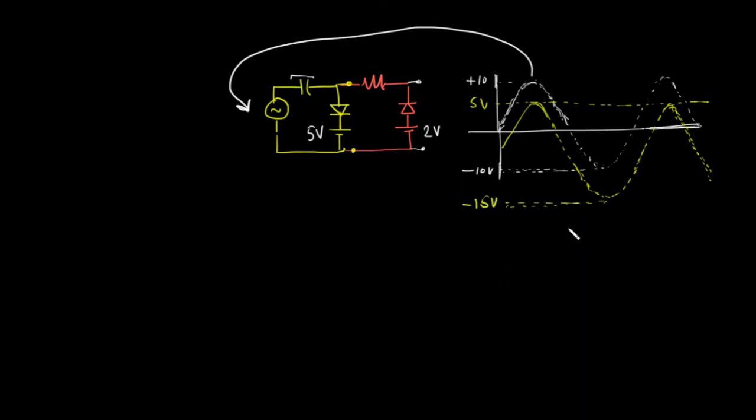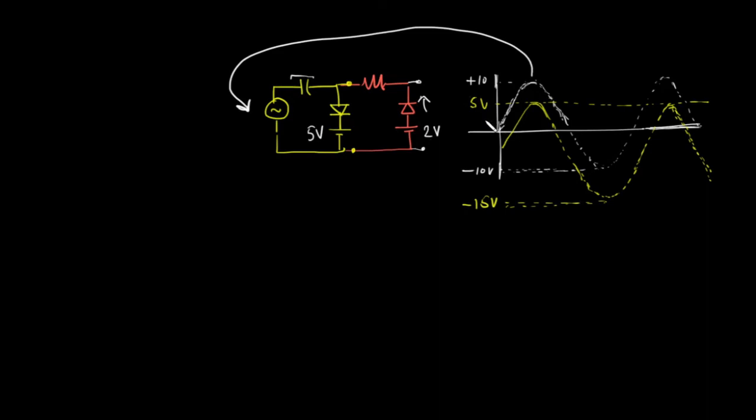Okay, now this clamped signal will pass to the clipper circuit. What does the clipper circuit say? For the clipper circuit, the diode is pointing upwards and the voltage is 2 volt. That means that all voltages above 2 volt will be allowed to pass. So what is the 2 volt level?